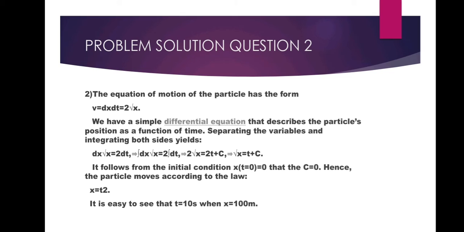As we have done that, it follows from the initial condition x(0) that c equals 0. Hence, the particle moves according to the law x equals t squared. It is easy to see that t equals 10 seconds when x is 100 meters.